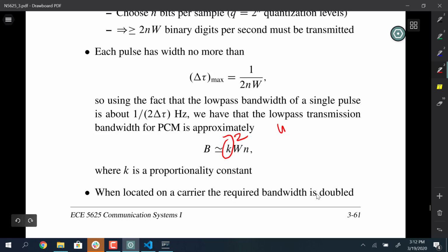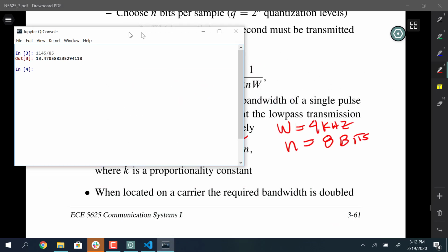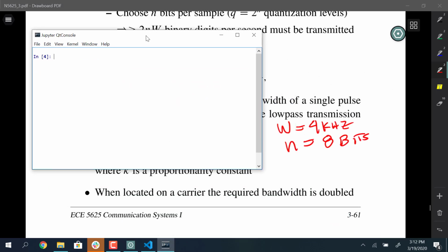If W is equal to 4 kilohertz and N is equal to 8 bits, then I'll just simply bring up my Qt console here. Not that I can't do that math if I really wanted to, because it's just 4 times 8, but I'll just do 4,000 for the bandwidth times 2 to get it up to Nyquist.